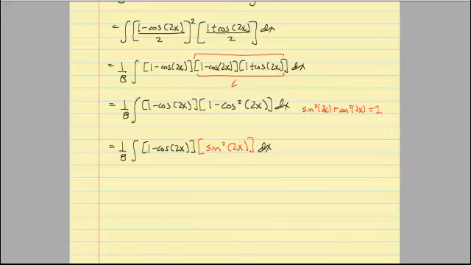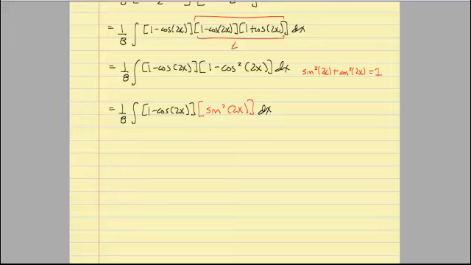This will actually make the problem a little bit shorter, it seems at first, but I also run into some troubles with expansion here that end up being a little bit longer. So now I distribute through the sine. Distributing through the sine, I have sine squared of 2x minus sine squared of 2x cosine of 2x dx.